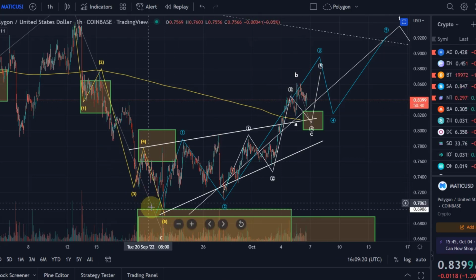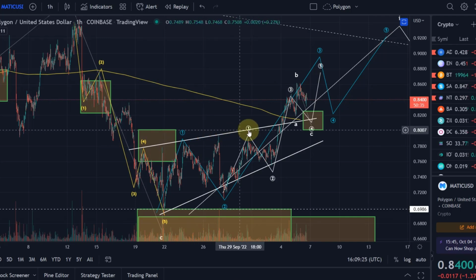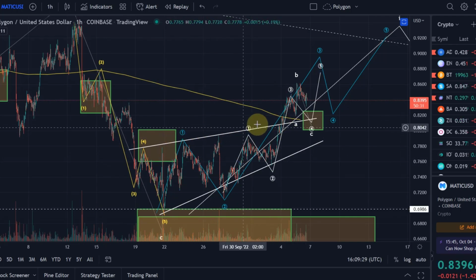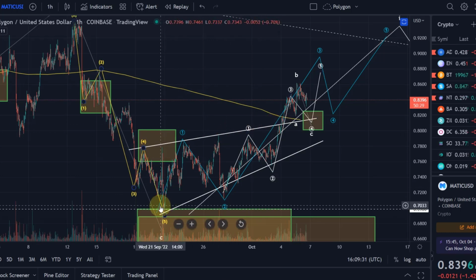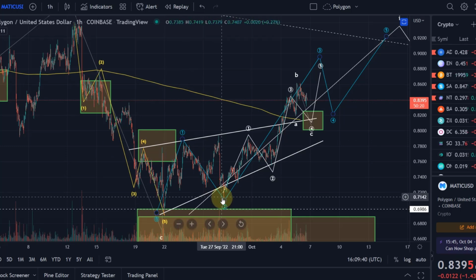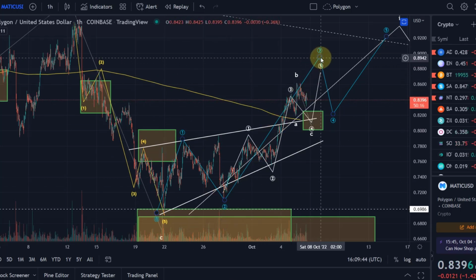The view was that since we broke above 80 cents, which was the breakout level, further confirmed by breaking out of this so-called ascending wedge to the upside that we formed from the swing low at 68 cents to the high of 78 cents, a wave 1, we then came down in a wave 2, and we're now moving up in a wave 3.